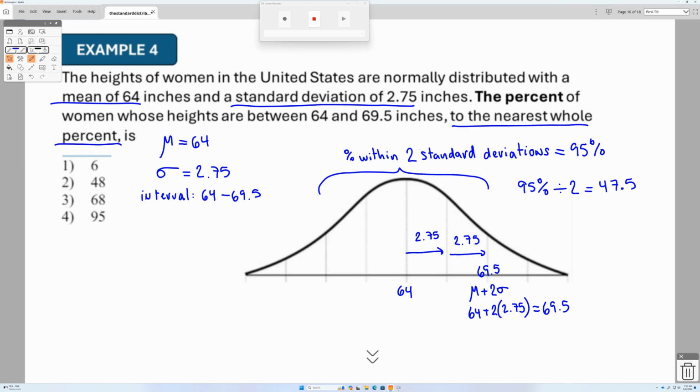The answer is 47.5. Approximately 48% of the women in the U.S. have a height between 64 and 69.5 inches.